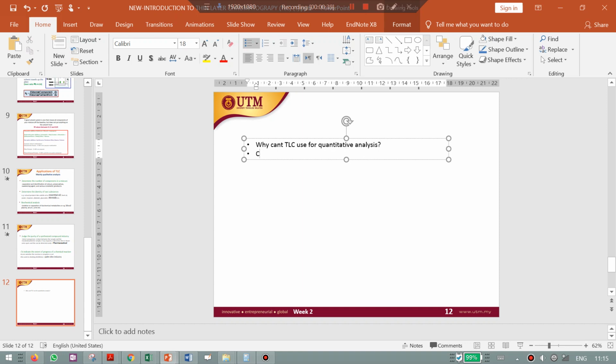The next one: can samples be analyzed or compared on different plates of TLC?